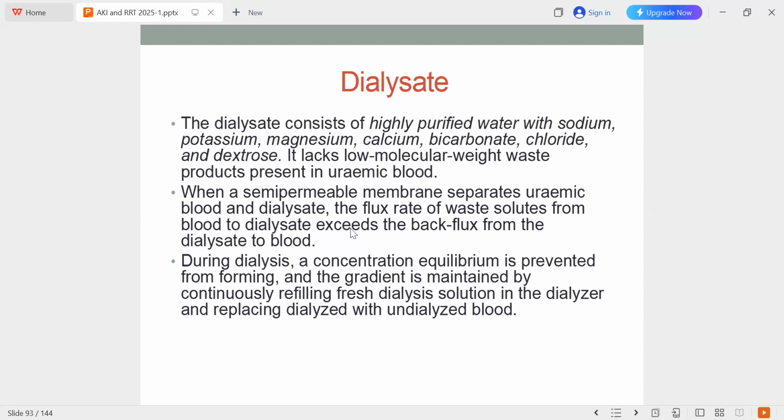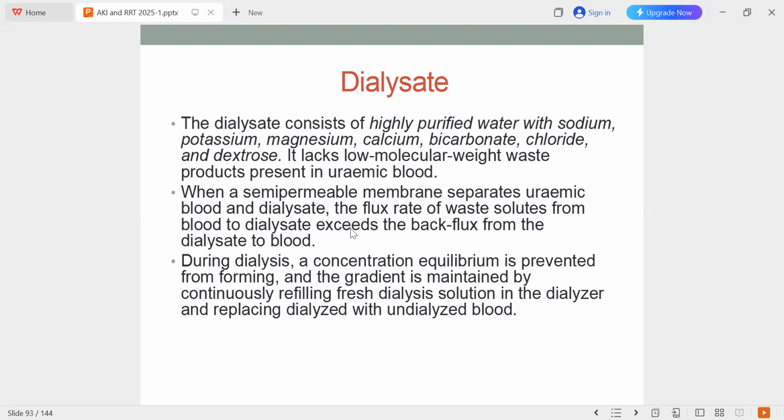All right, so it lacks low molecular weight waste products, which are present in uremic blood. When a permeable membrane separates uremic blood and dialysate, there's a flux rate of waste solutes from blood to dialysate exceeding the backflow from the dialysate to blood. Ideally, this should get to a point where equilibrium is achieved.